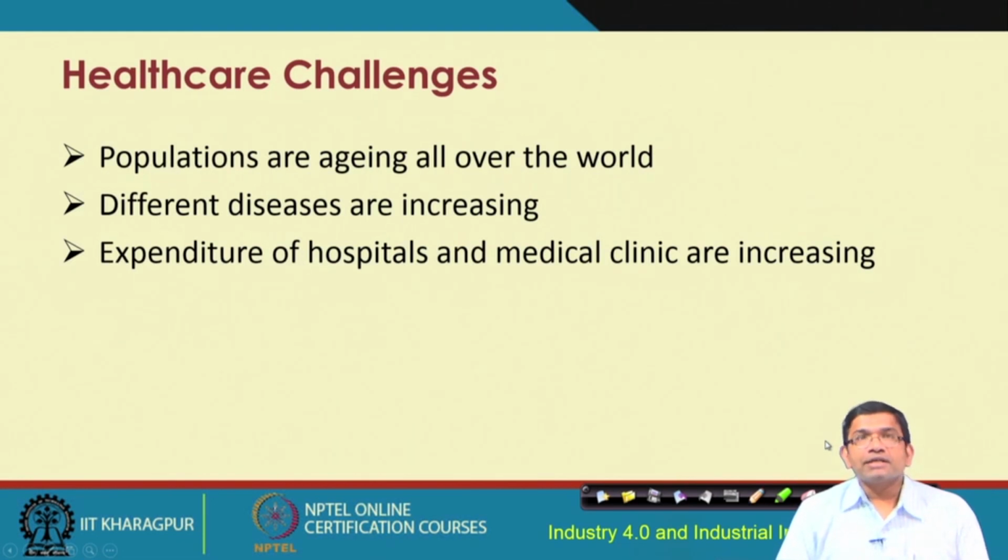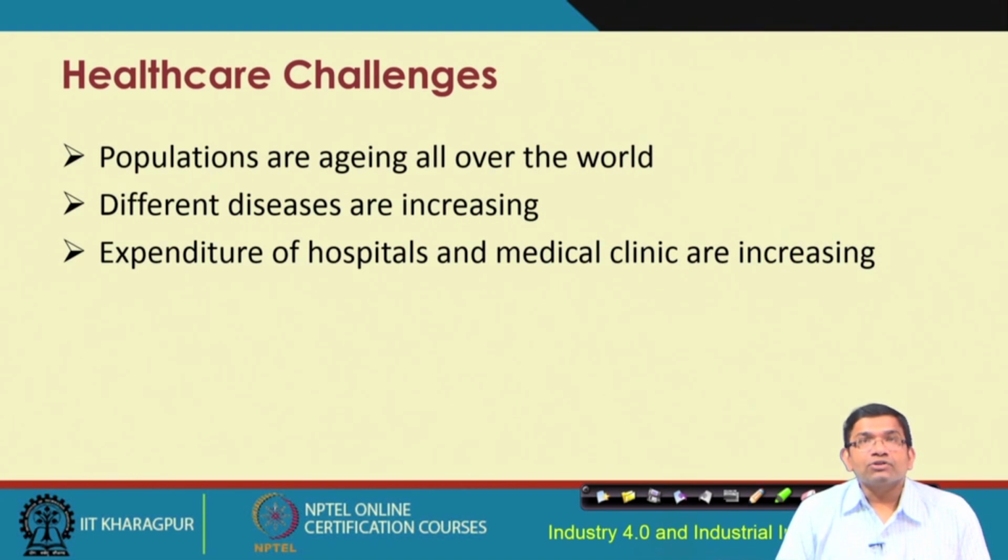There are different healthcare challenges with respect to the implementation of IIoT. Populations are aging all over the world, different diseases are increasing, expenditure of hospitals and medical clinics is also increasing. These are some of the generic healthcare challenges, but from an IIoT perspective as well, catering to these growing requirements is also a challenge.